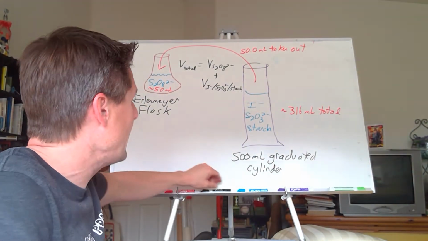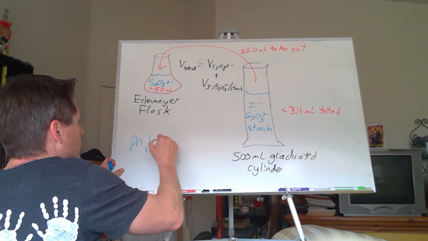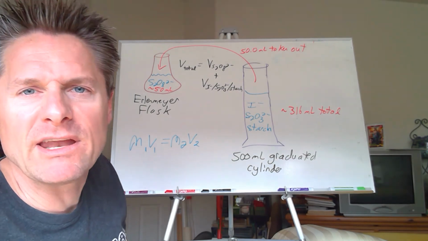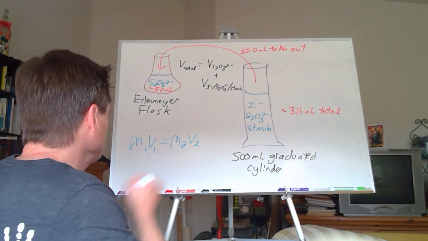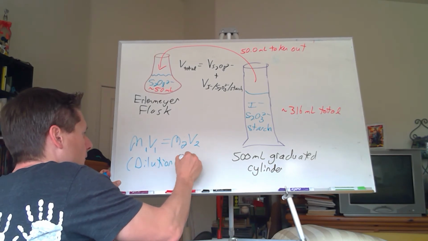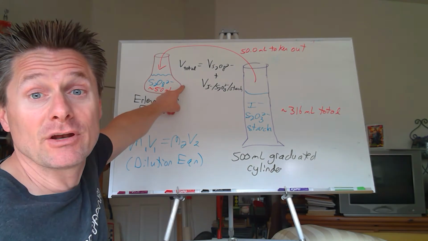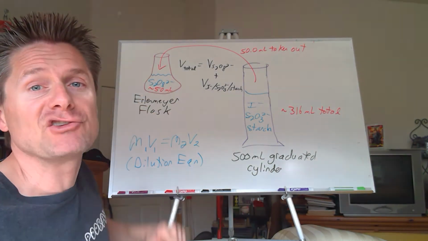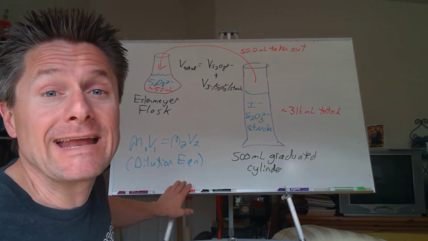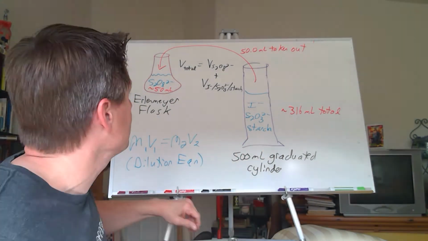So we're going to have to use M1V1 equals M2V2, or C1V1 equals C2V2. This is your dilution equation, right? You're going to have to calculate the concentration of your peroxydisulfate ion in your 6 different Erlenmeyer flasks using the dilution equation and the data I provide. So a certain volume of this, a certain volume of water, boom, you mix them together.